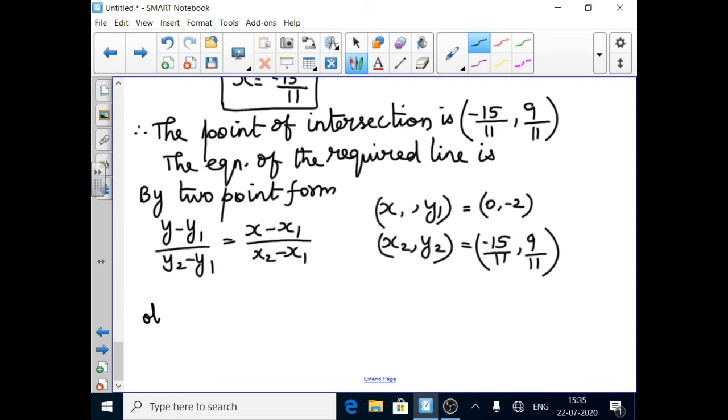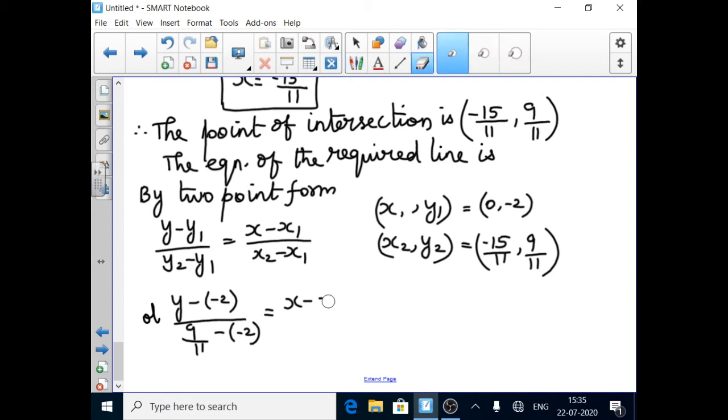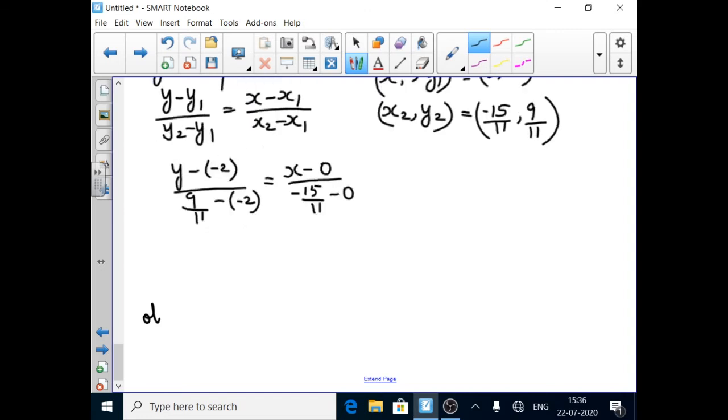Now you have to substitute. y minus y1 is y minus of minus 2, divided by y2, which is 9 by 11 minus of minus 2, is equal to x minus x1, x minus 0, divided by x2, minus 15 by 11 minus 0.